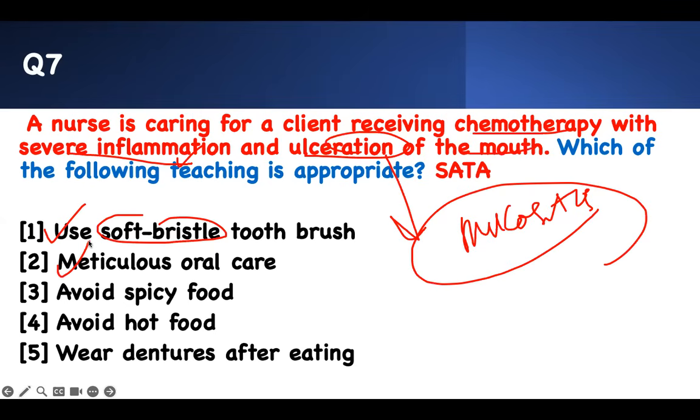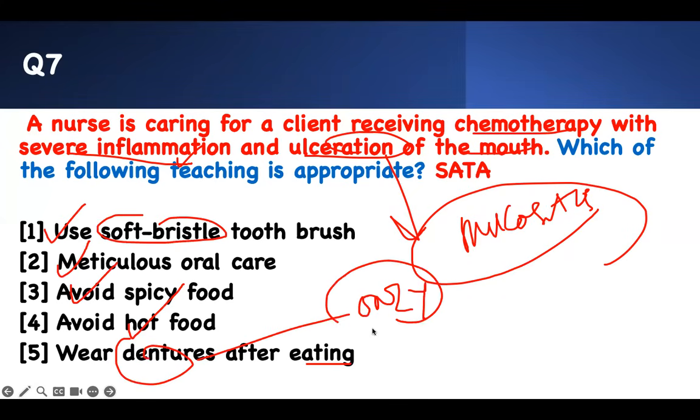Spicy food will make you burn, so don't use it. And avoid hot water, extreme temperature. You should not wear your dentures after eating. The dentures are only for eating. Then after that, you take them out. So which of the following teachings is appropriate? 1, 2, 3, and 4. It's appropriate.